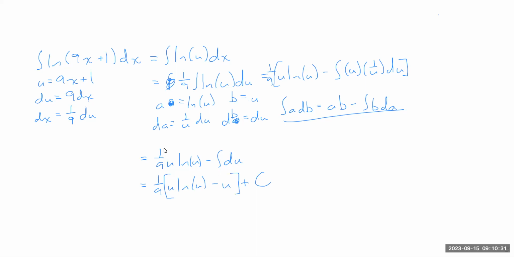Now it looks better. All right, last move. What do I have to do? Yeah, so now undo the original substitution. What was u equal to? So 1/9 times 9x plus 1 times natural log of 9x plus 1 minus 9x plus 1, all plus c.